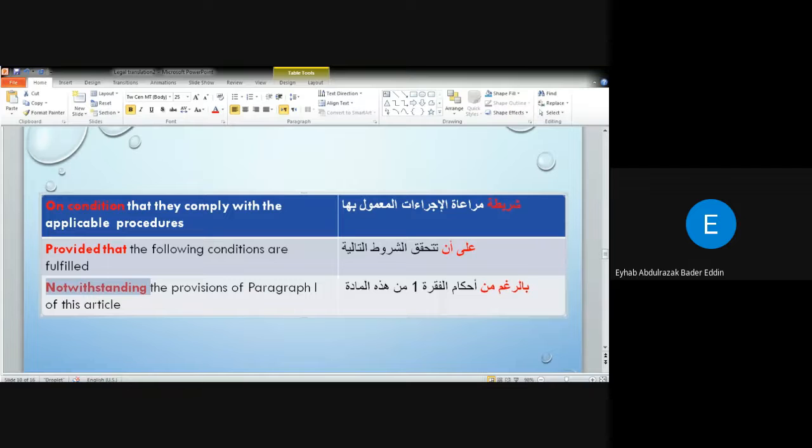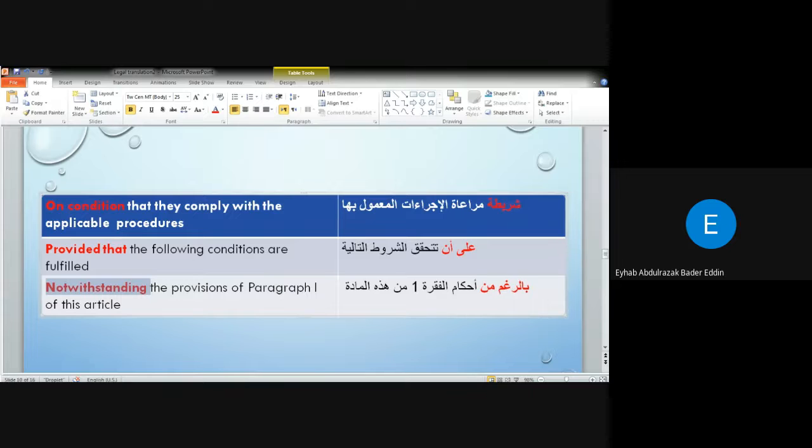Okay, this term is important: to set the legal tone for your legal text or legal writing.